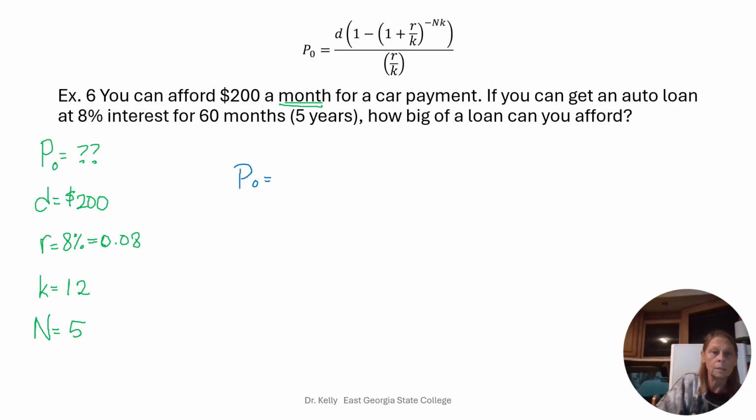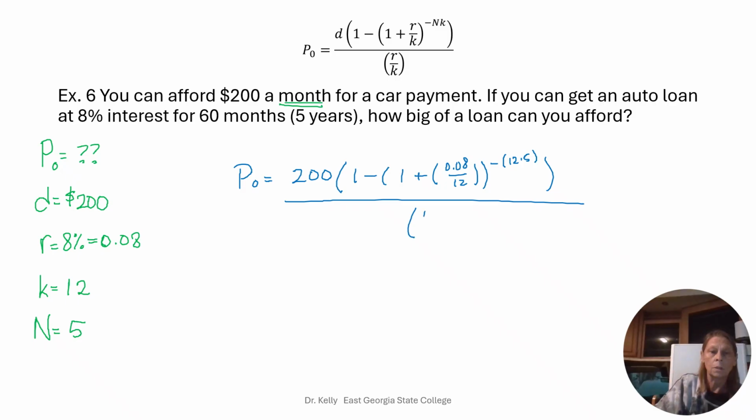P naught is equal to 200 times 1 minus 1 plus 0.08 over 12, close, close to the power of negative 12 times 5, all that closed, all over 0.08 divided by 12.